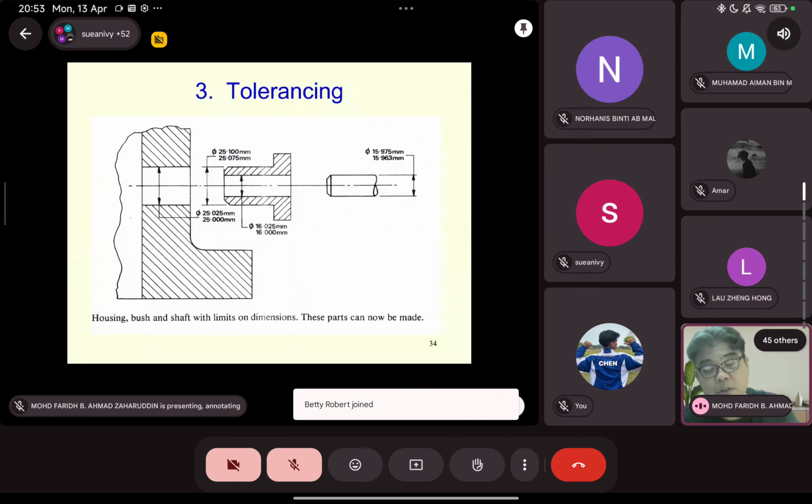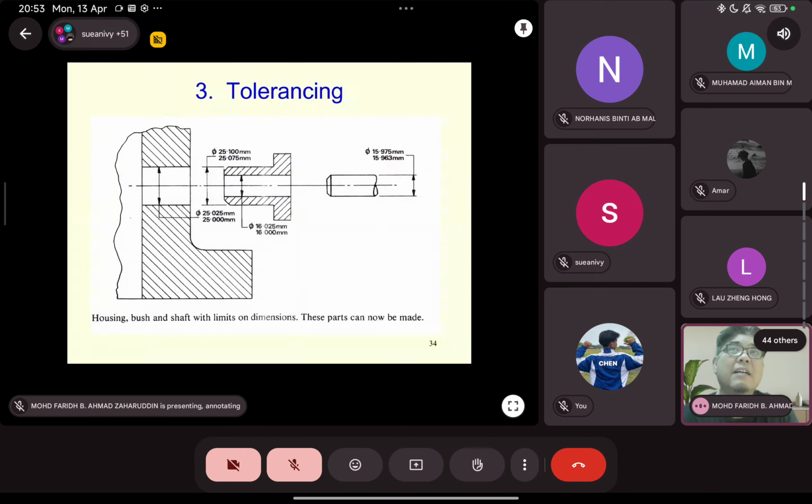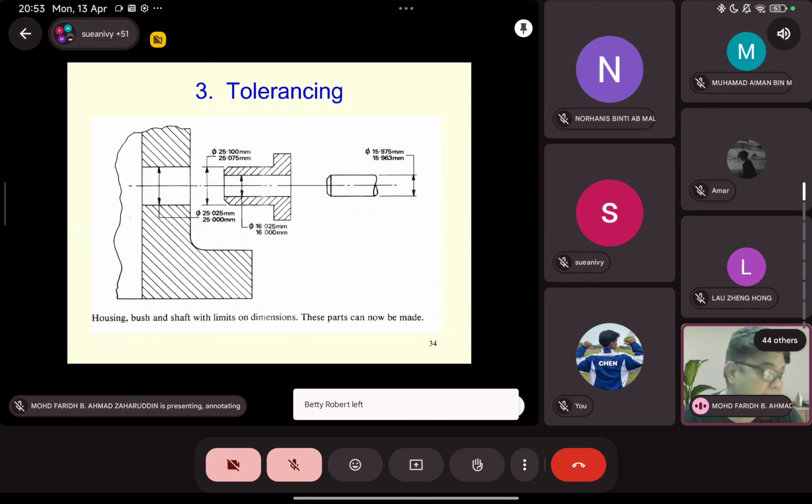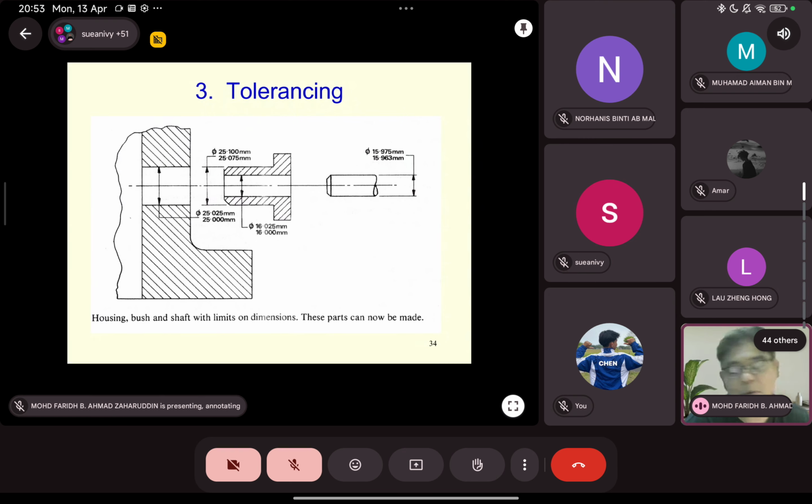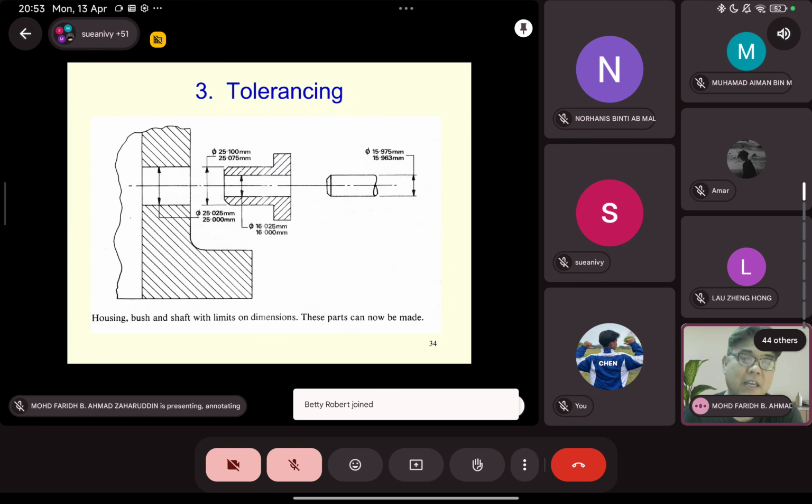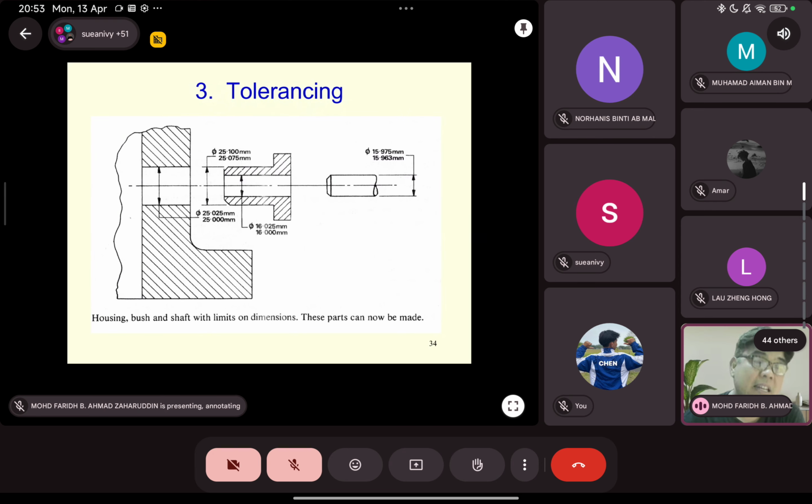Later, I will let you know. So we are not choosing the size from us. Let's say I want to put 16.5 and another one is 15.5. No. There must be a basic or nominal size. Just in this example, I just ask you. So this is a standard.